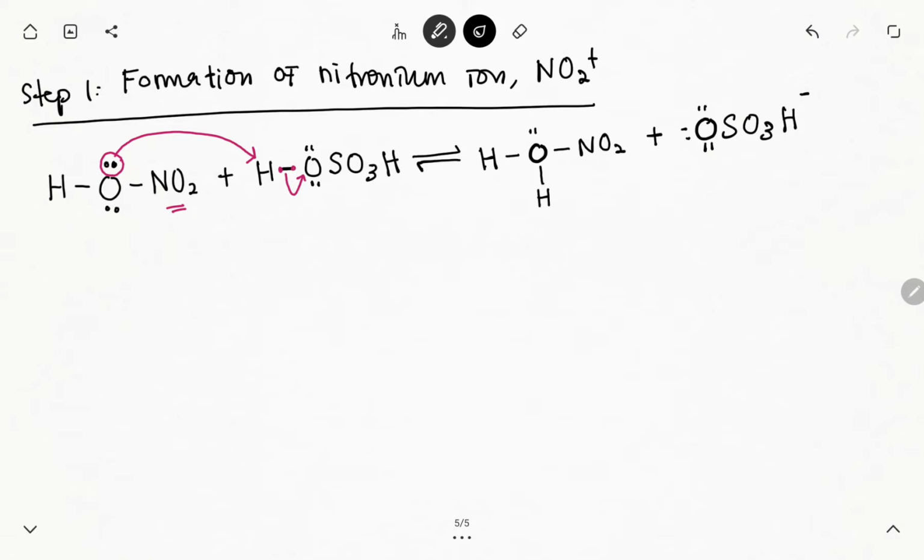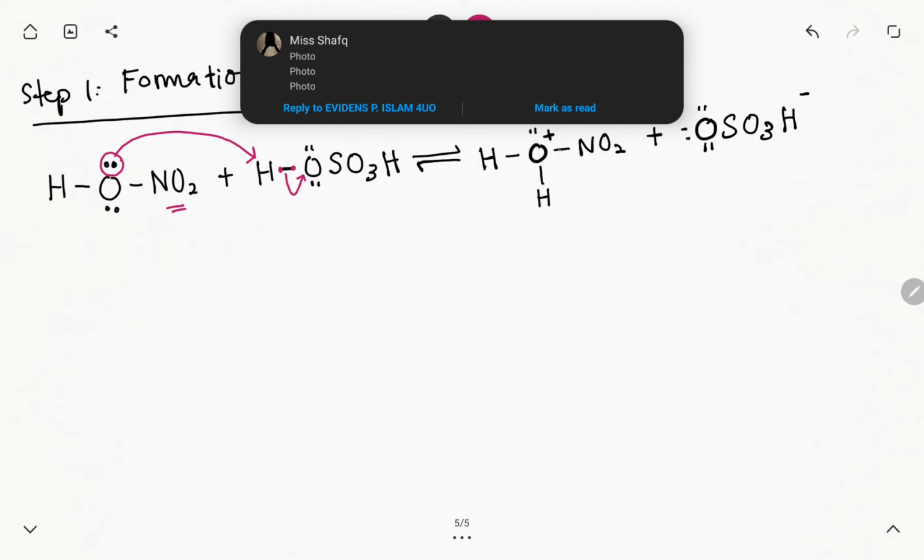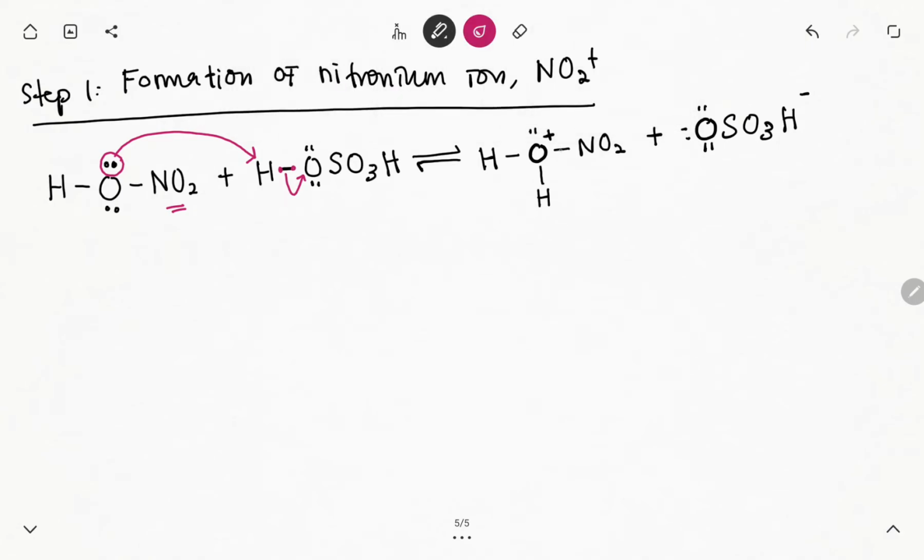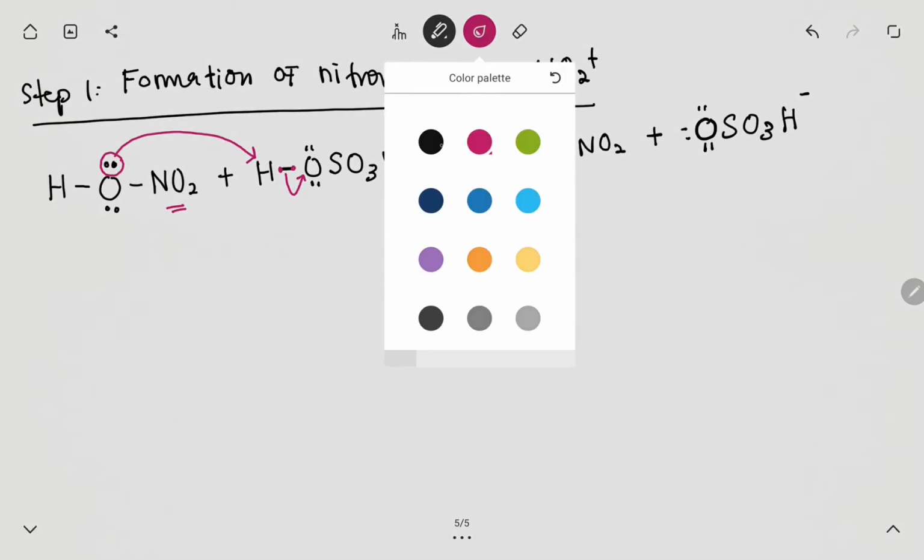For the charge of this oxygen here, 6 valence electrons minus 5 electrons around itself, it becomes positively charged. And in this reaction, this oxygen requires electrons. At the same time, this bonding pair consists of 2 electrons shared together, so the 2 electrons go directly towards the oxygen because the oxygen requires electrons.